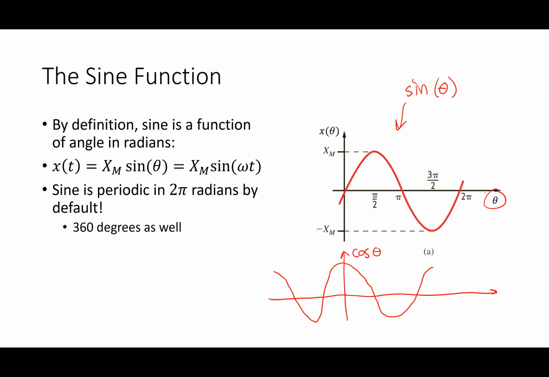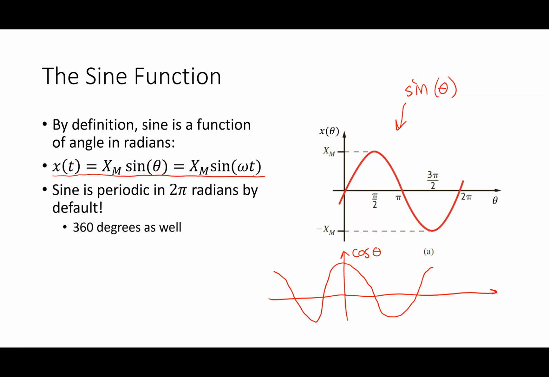If you think about the voltage that you get at the wall outlet, that voltage has a frequency of 60 hertz, which means it's repeating 60 times every second, going through 2 pi radians 60 times every second. So what we really talk about is sinusoidal functions of time.